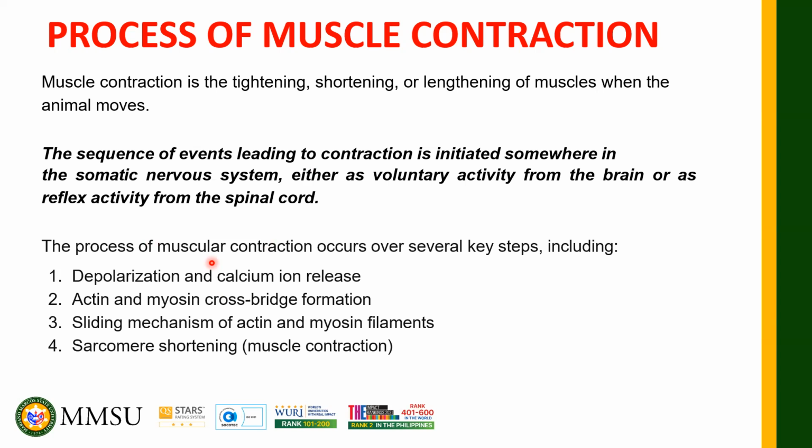I will try to show it to you later on kung ano yung neuromuscular junction. So, dito kasi in terms of the depolarization, doon sa neuromuscular junction, yung motor neuron, it will release now the acetylcholine, which is the neurotransmitter, para makapag-bind siya sa receptor doon sa sarcolemma.